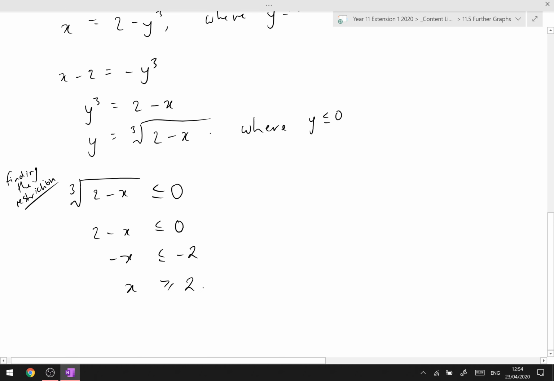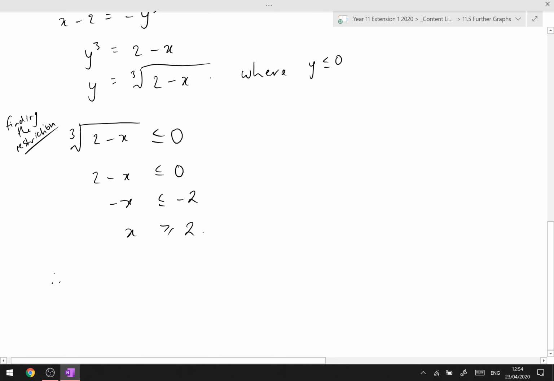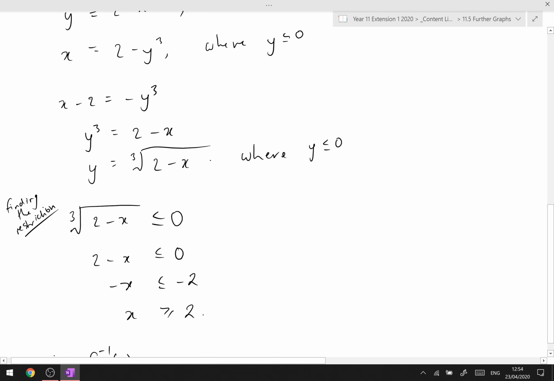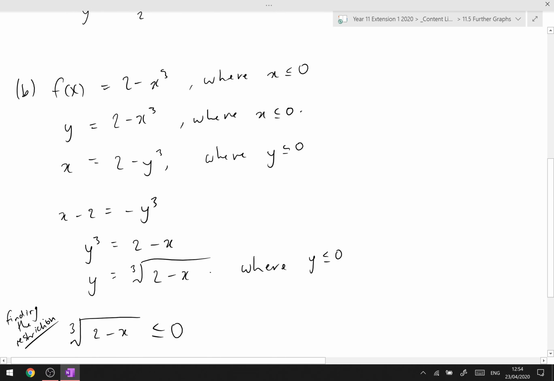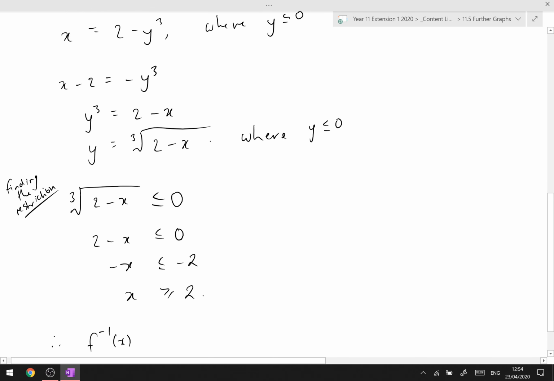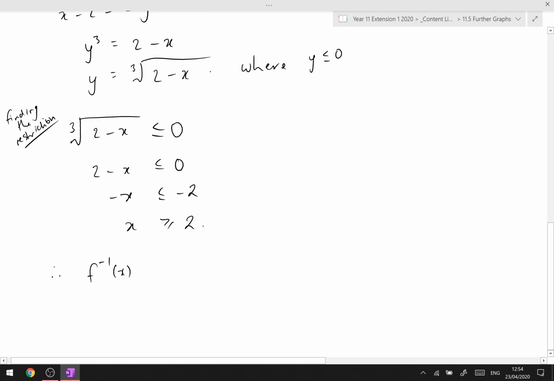So therefore, my inverse function, the inverse of 2 minus x cubed where x is less than or equal to 0, is f inverse of x equal to the cube root of 2 minus x, where x is greater than or equal to 2.